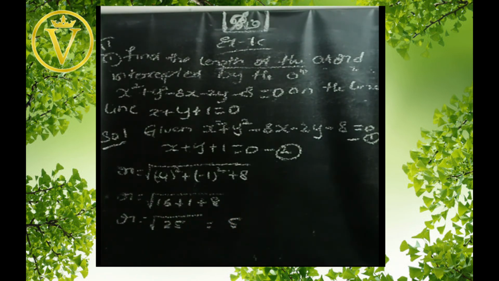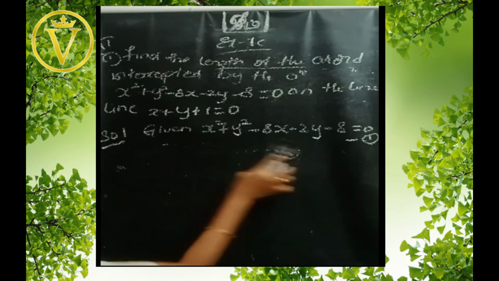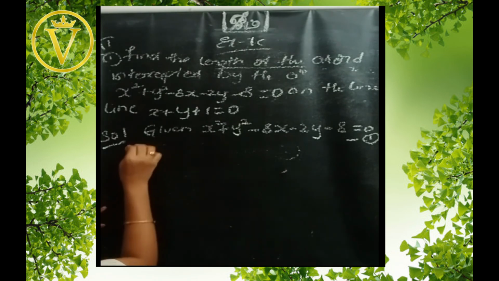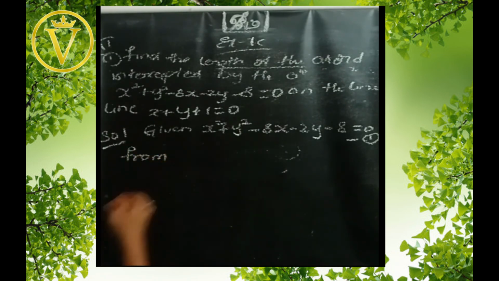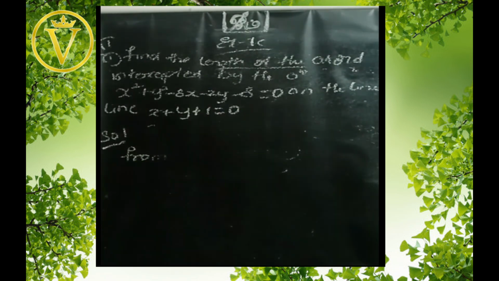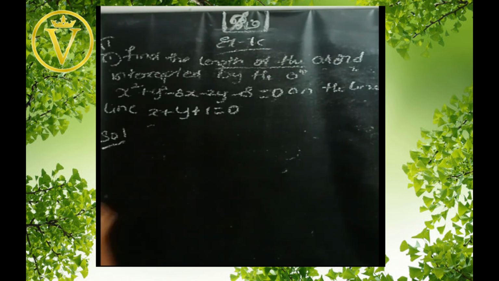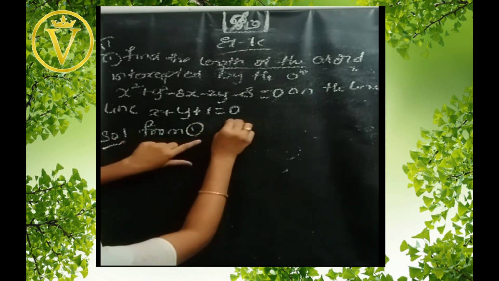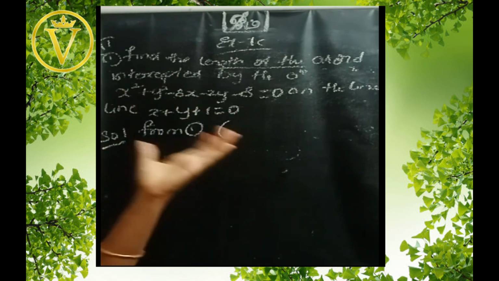Now we have to find the d value. The d means we have to find the distance from the center to the line. From equation 1, that means from the first equation, what's g comma f?